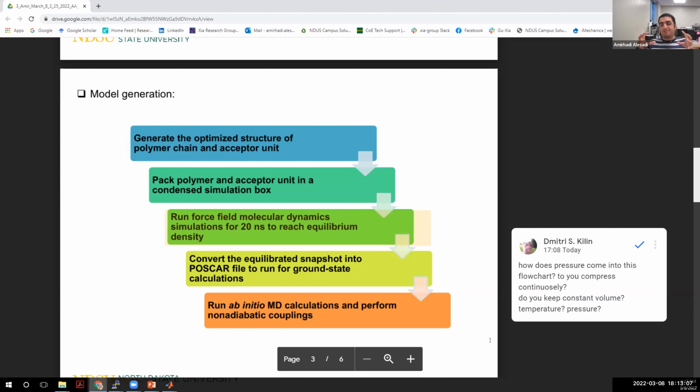For instance, if you are running under the NPT ensemble, the pressure is constant, the temperature is constant, and the number of atoms is constant, but you are free to change the volume. So the energy will be converted by the change of the geometry of the simulation box.